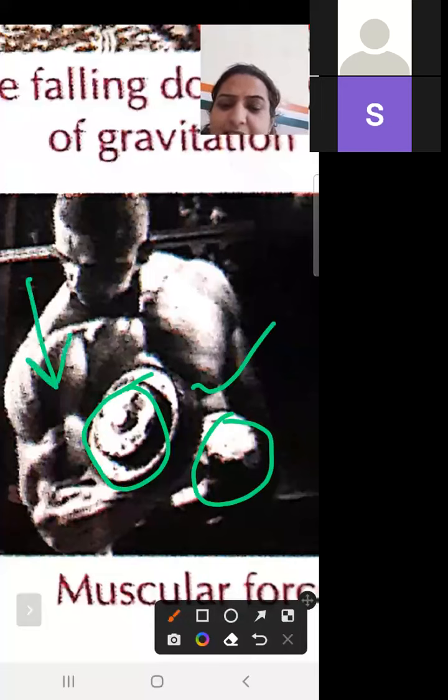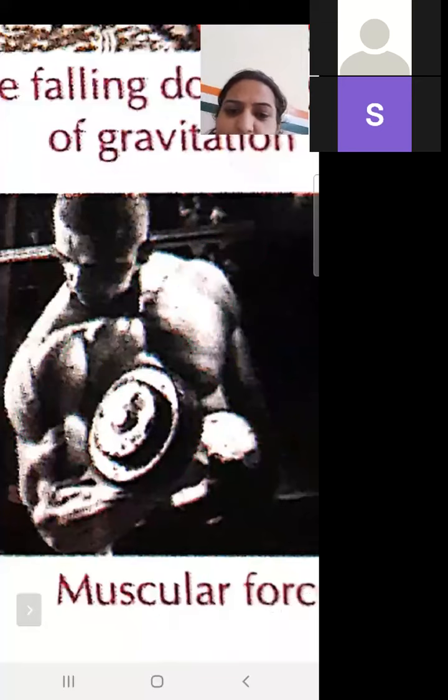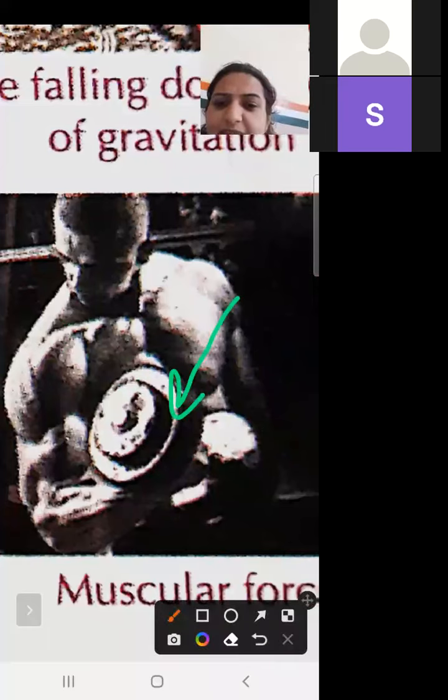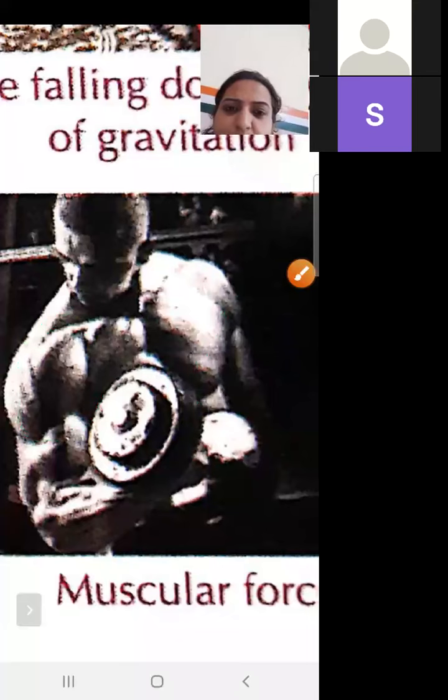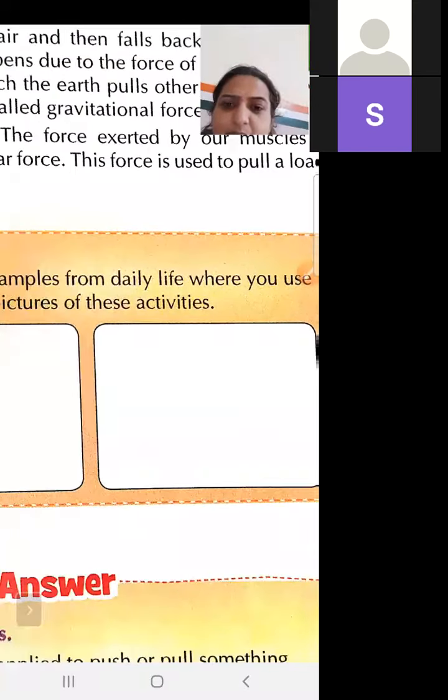So these muscles are squeezing or increasing due to muscular force. जो इस muscles में जो force लग रहा है, this is due to muscular force. अगर किसी heavy weight को हम उठाते हैं, तो muscles में एक force लगता है. This is called muscular force.